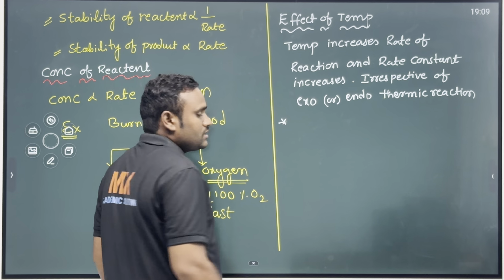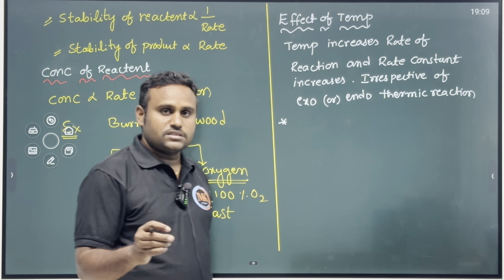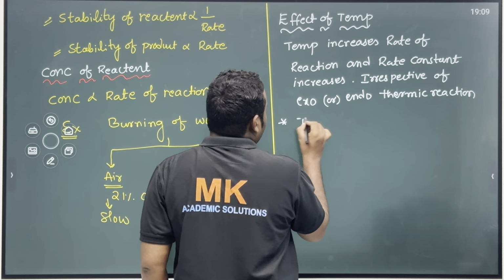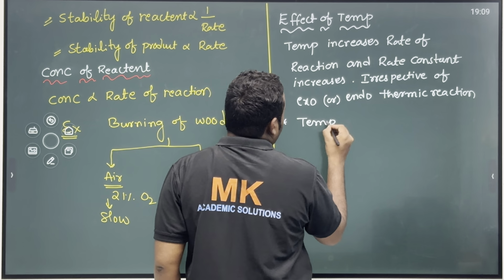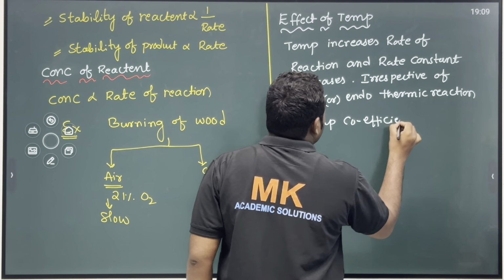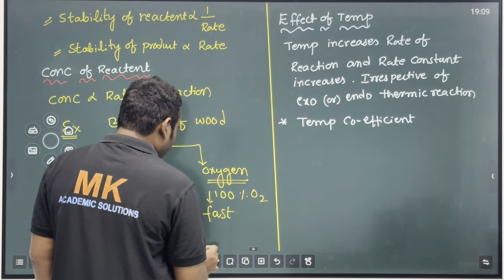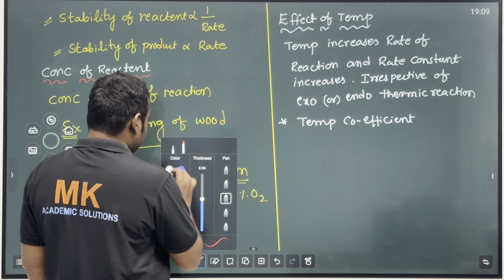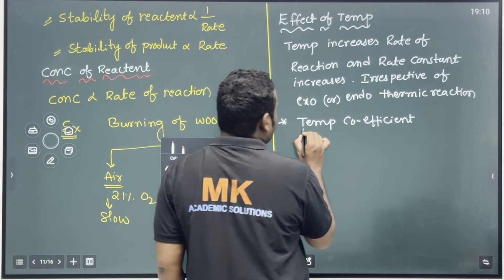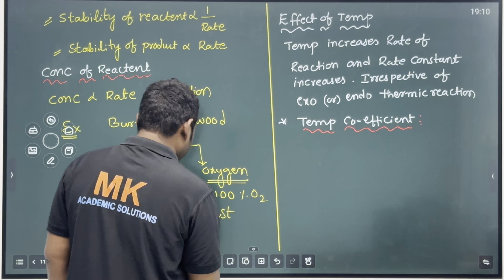According to Arrhenius theory, for every 10 degree rise in temperature, this is also called the temperature coefficient. So what is the temperature coefficient telling here, children?